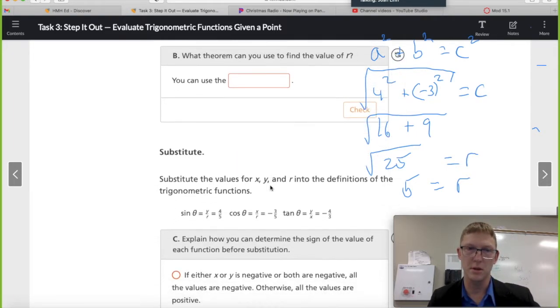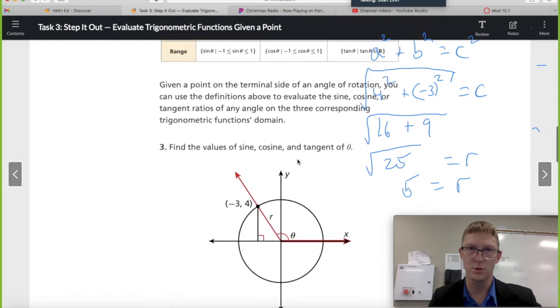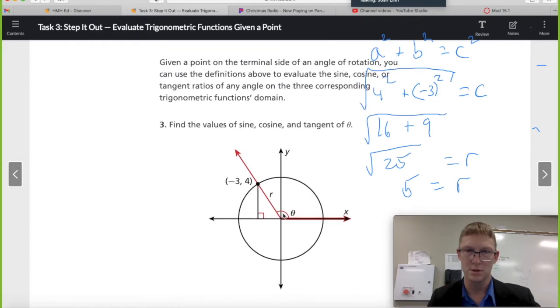So we're talking about that, Pythagorean. So anyway, what are we trying to do? We're trying to figure out our sine, cosine, and tangent. So if this r right here is 5, we know that this is 5 as well.